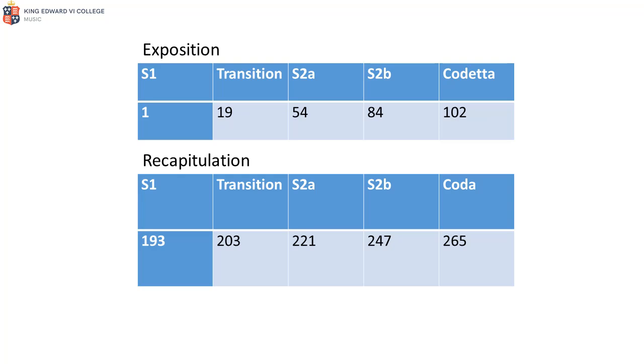Also, like the first movement, this is a monothematic sonata form, which means that the first subject, S1 on this diagram, is used pretty much again the same for the second subject, S2, one basic theme.